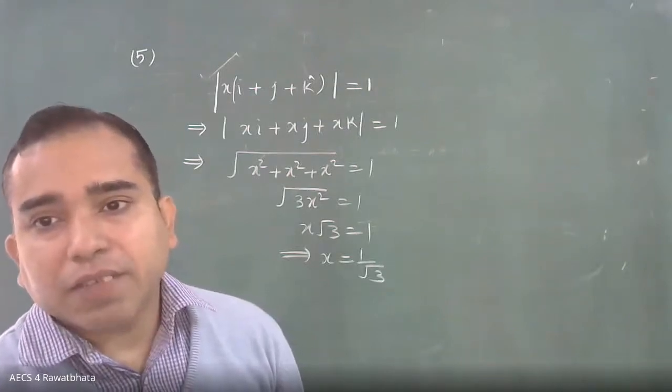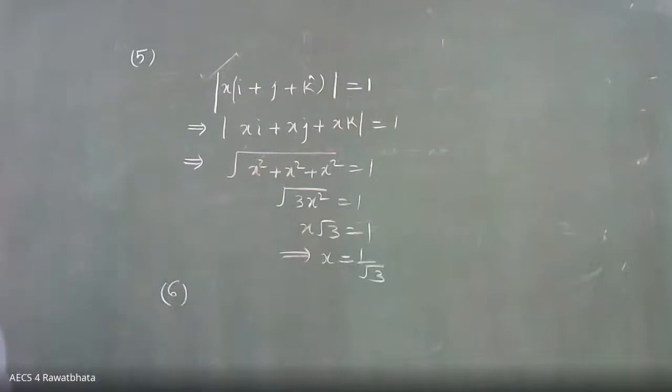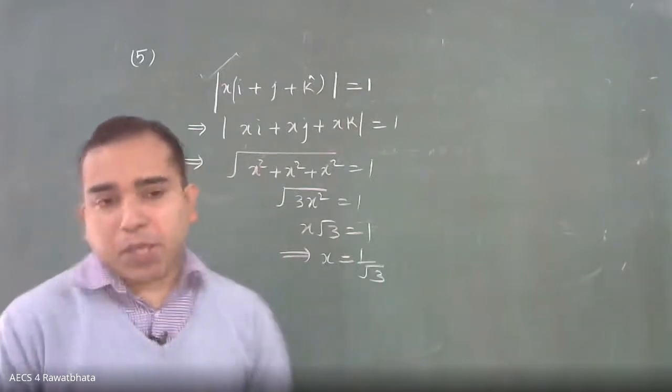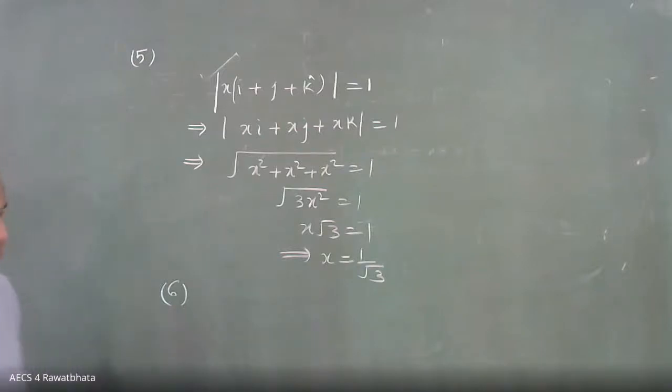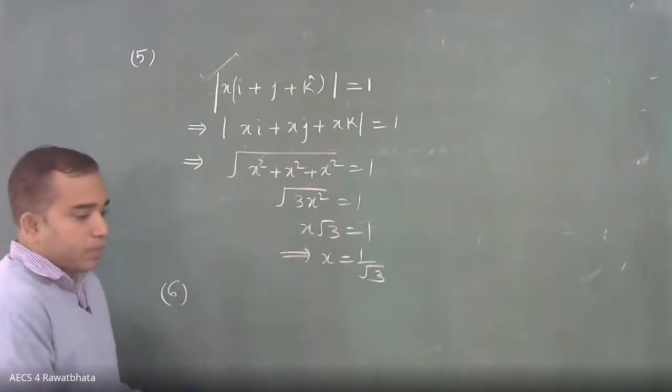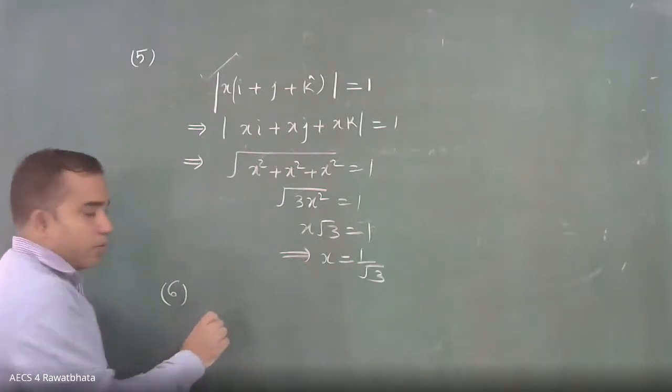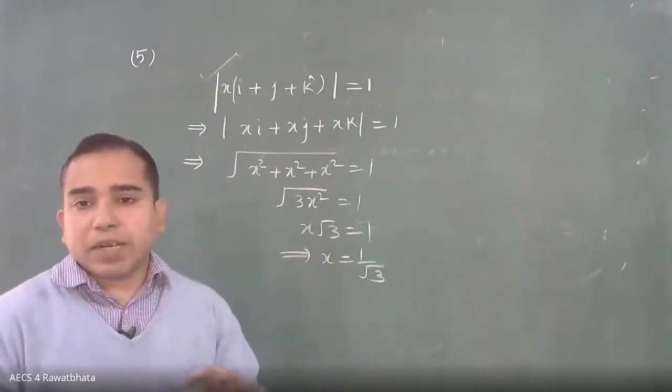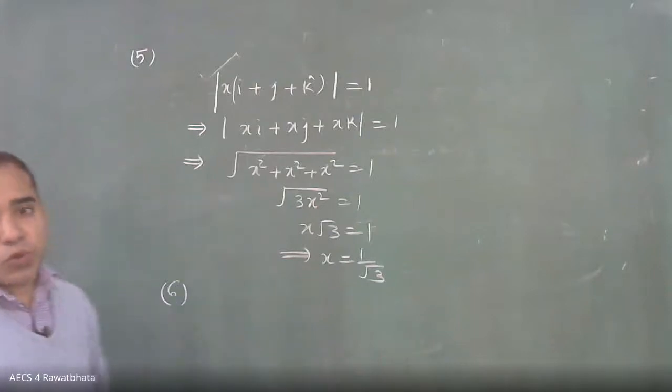Seems Ekansh is inactive. Devanshi Jain, please read question 6 and suggest me how to do it. Resultant means sum. Yes. What are those two vectors?